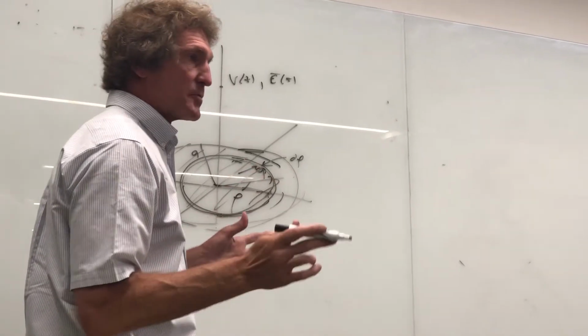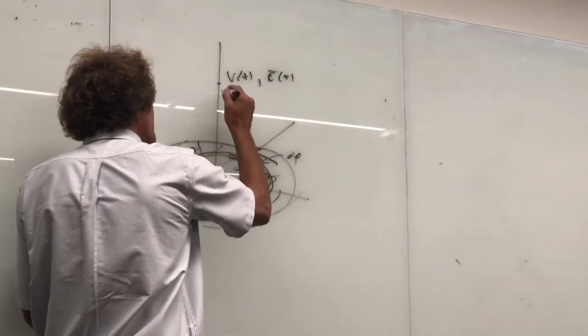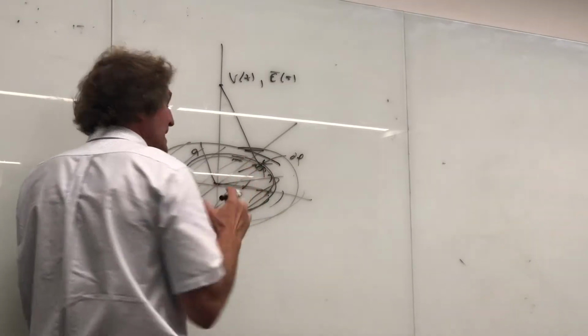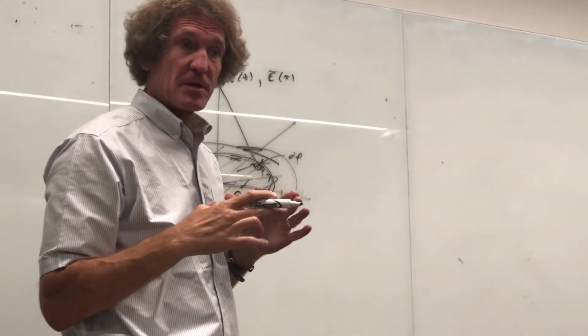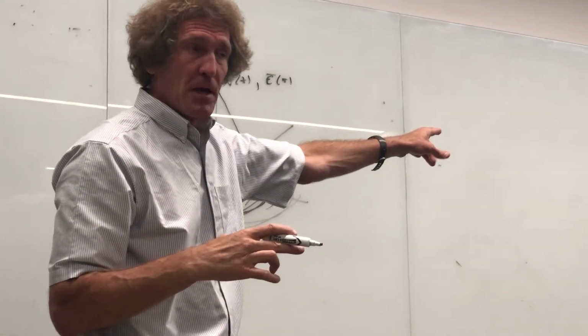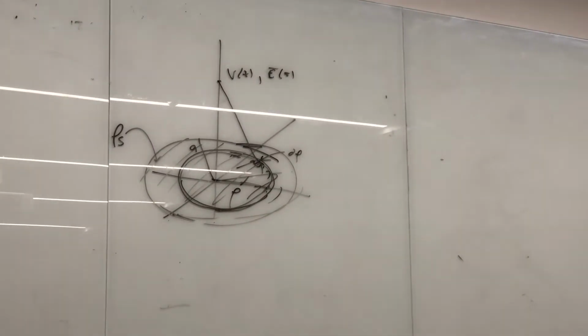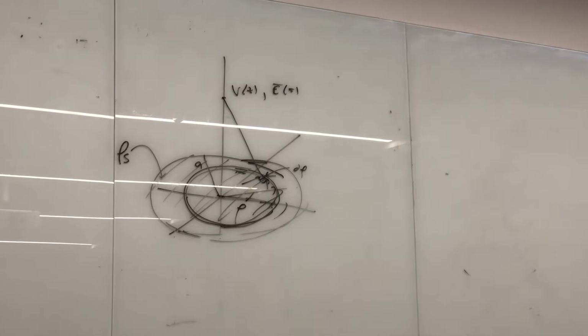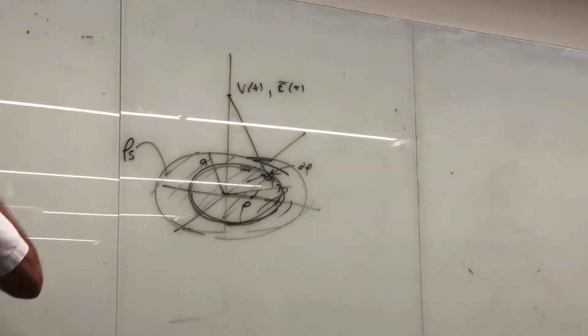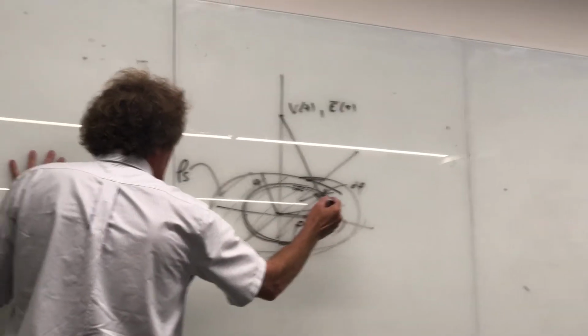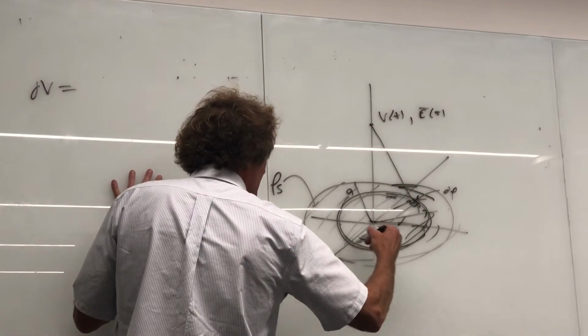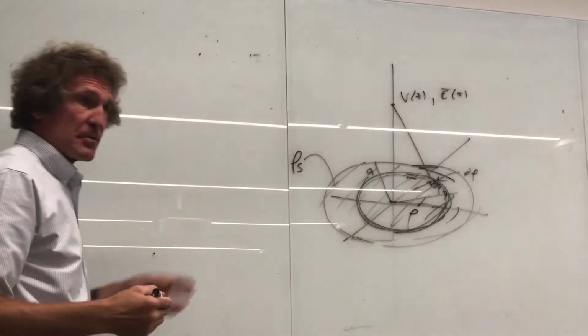So here's the way I do this problem. I say that I know what the differential voltage is from that loop of thickness d rho, because I just got it over there. So what do I have to do? I can say that the differential voltage on the z-axis would be equal to the differential charge. Well, what is that differential charge? It's all of that charge right there.